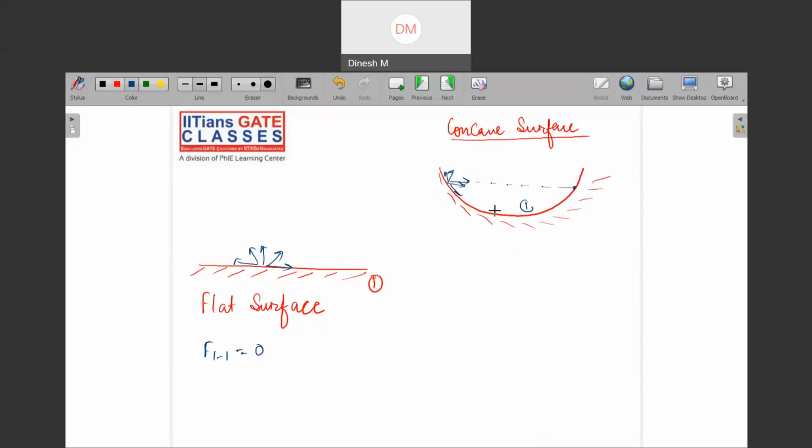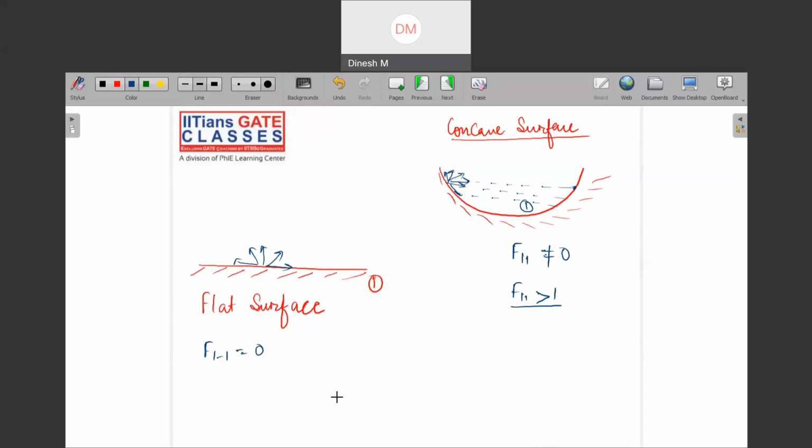If I say that this is surface 1 again, then this can hit this one again, and this can also hit this one again. Then can I say that my F11 is not equal to 0, rather it is greater than 0? This is an example where energy leaves the surface and reaches the surface again.